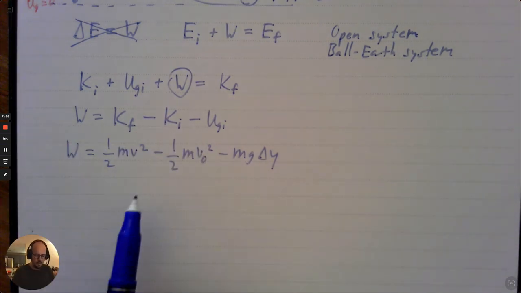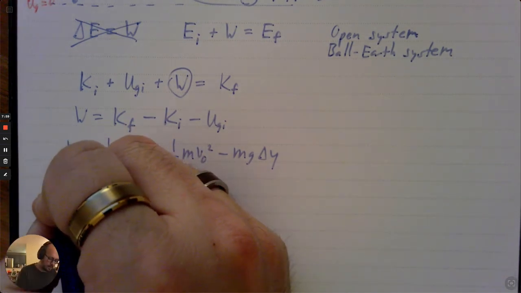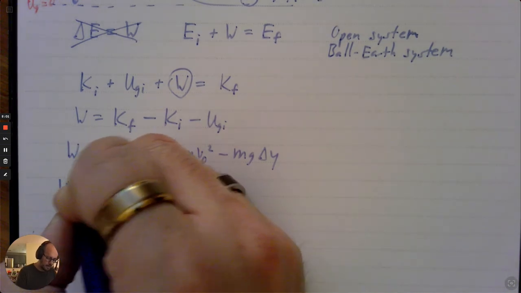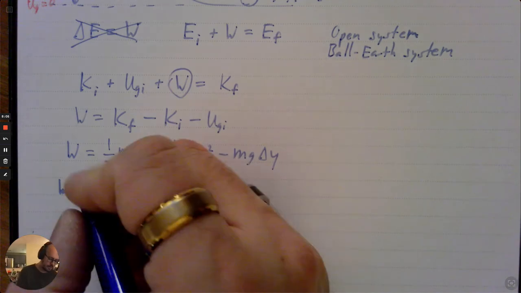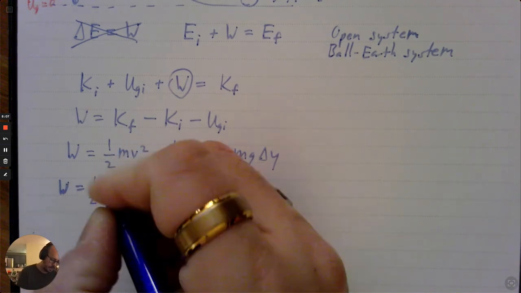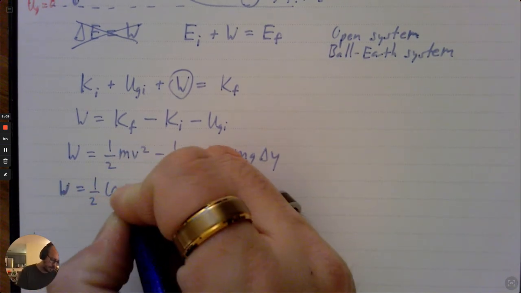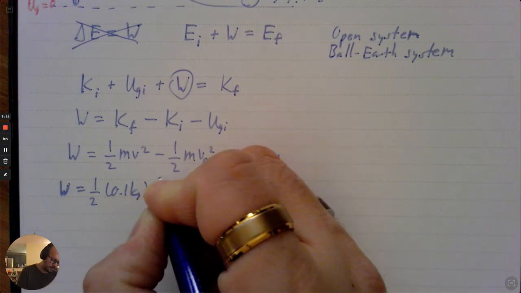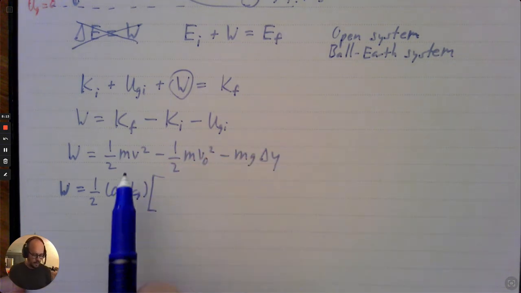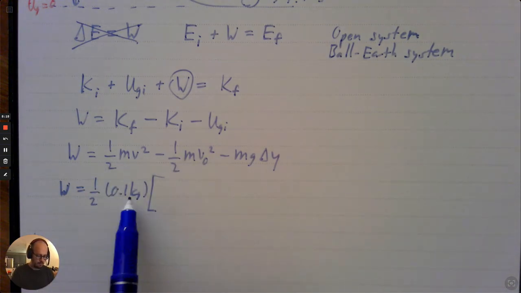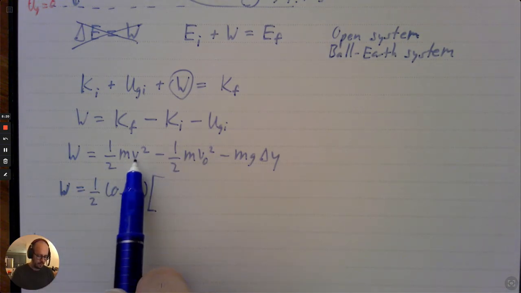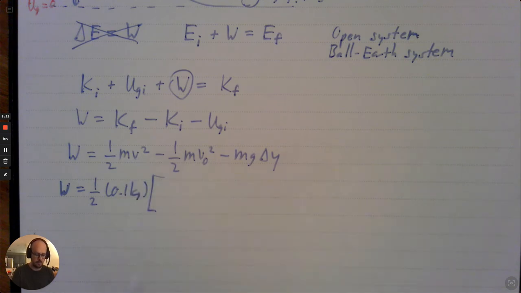So, do what you want, but I'm going to just plug in everything. This is going to be a big, long equation. I am going to combine like terms, and I'm going to say 1/2 times 0.1 kilograms. If I combine these two like terms, the 1/2 m is common between them, and in parentheses is going to be v squared minus v naught squared.